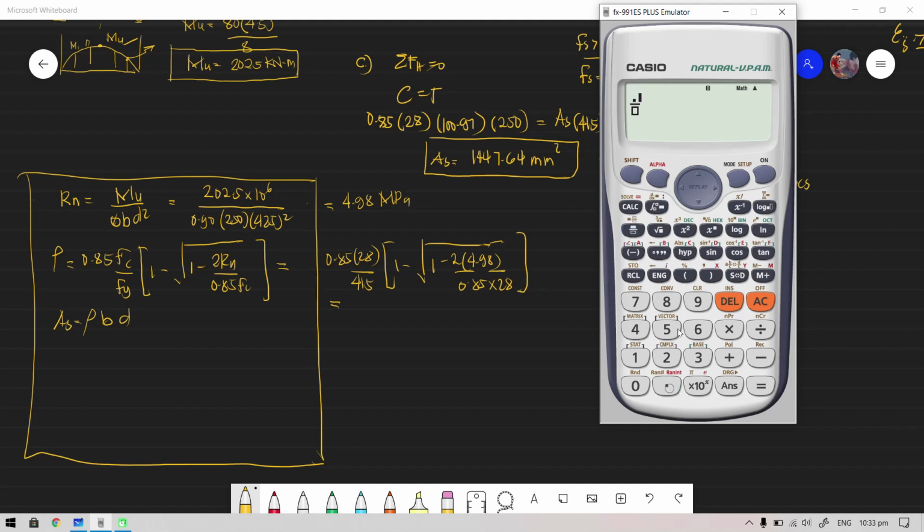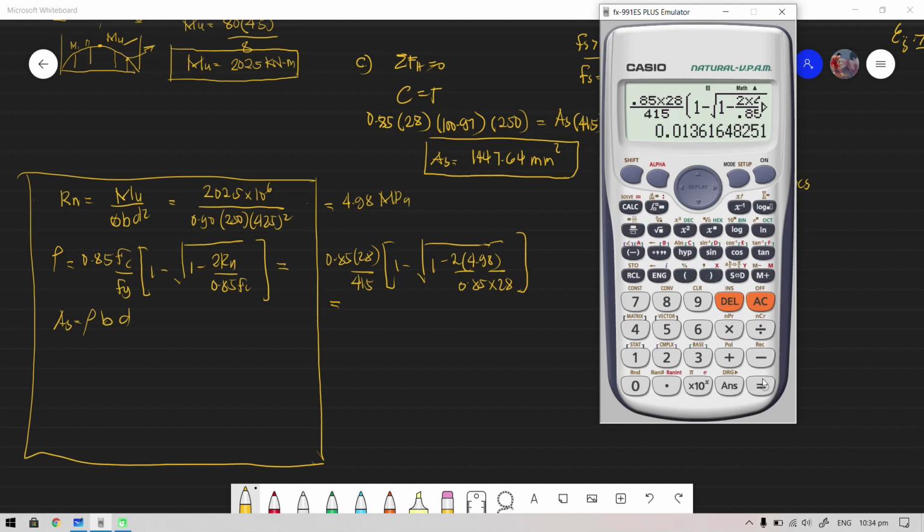So, 0.85 F prime C na 28, over Fy, 415. So, 1 minus square root of twice yung Rn na 4.98 over 0.85 of F prime C. Okay?